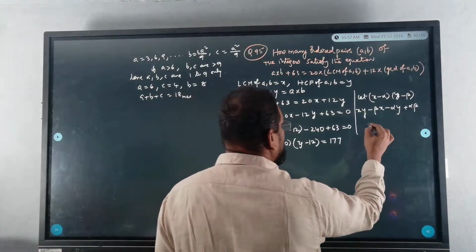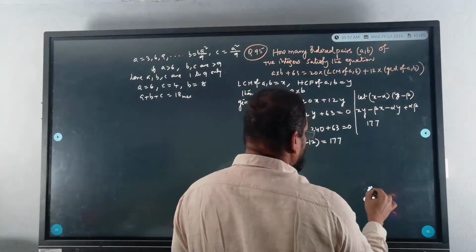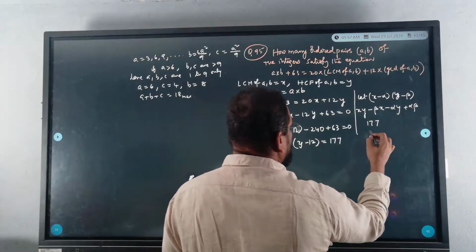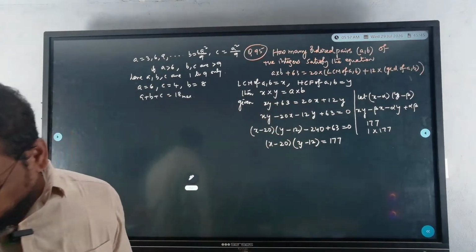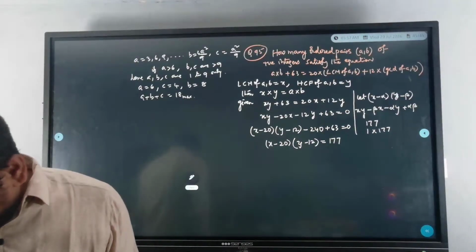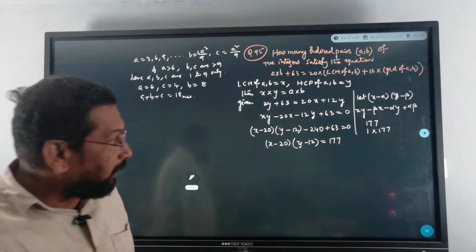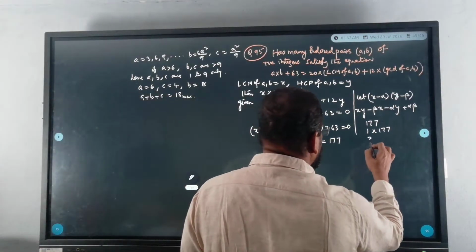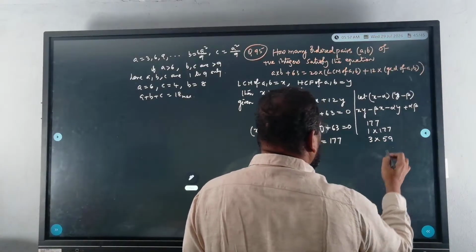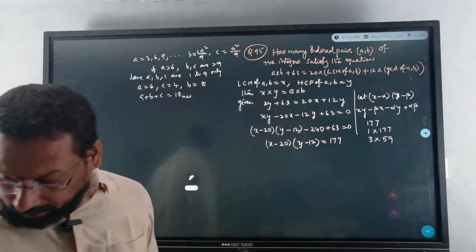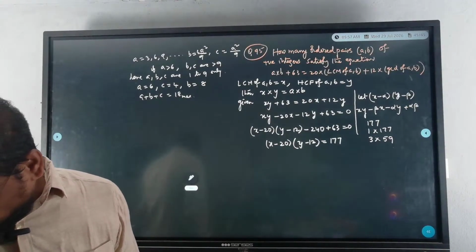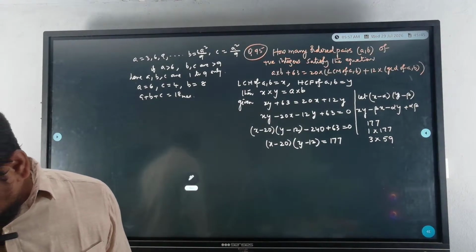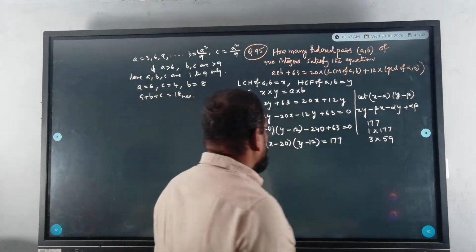So now 177 can be written as a product of two positives, that is 1 into 177. It is not divisible by 2, it is divisible by 3, I think. 3 into 59. 59 is prime. So no more options. Right?